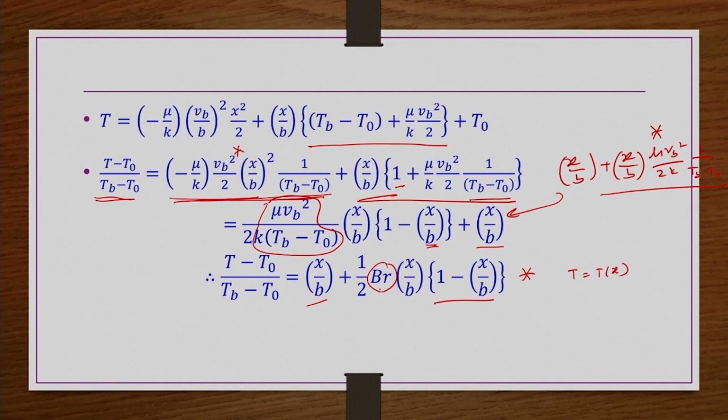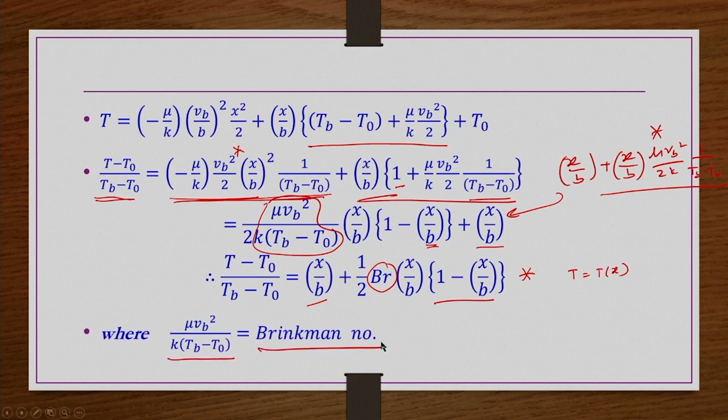All other constants are grouped as mu Vb square by k (Tb minus T naught), which is nothing but the Brinkman number. So, this is how we can obtain the temperature profile in the case of a viscous dissipation problem.